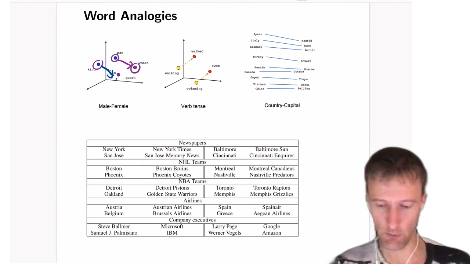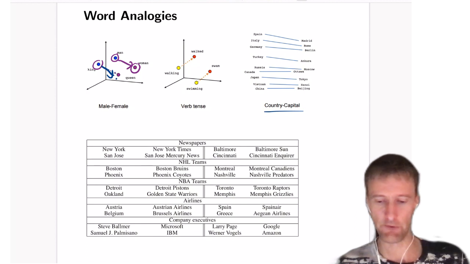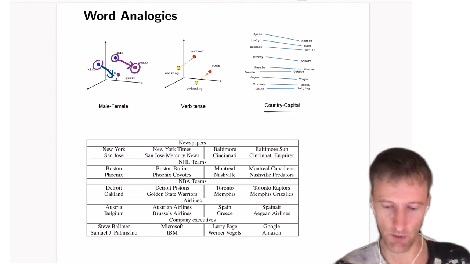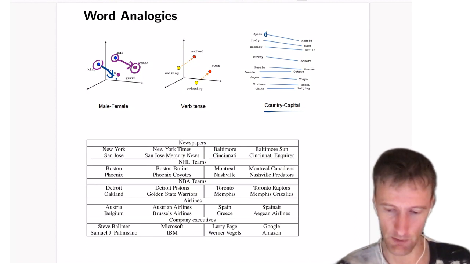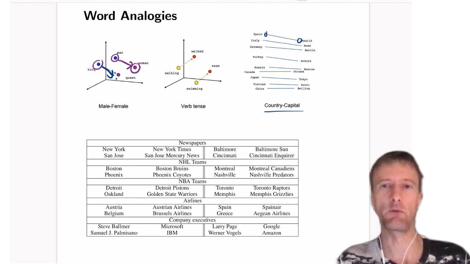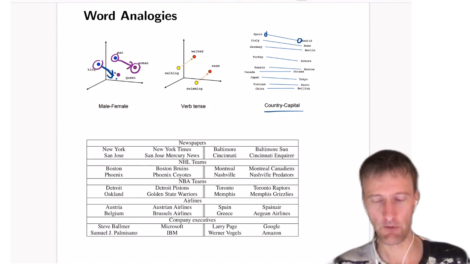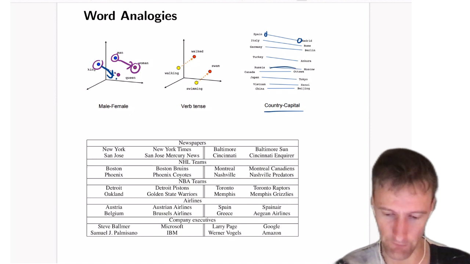It also works super easily for countries and capitals. If you have one relation from a country to its capital, you can attach it to another country, and the analogous point there will be very close to the capital of that country. In most cases, it's not perfect. You can see it's a little bit tilted.